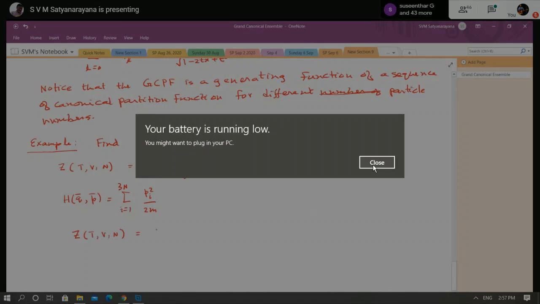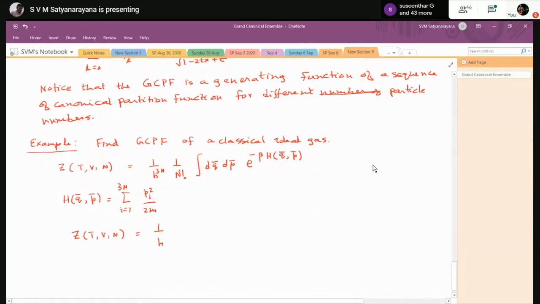Hence you can write Z of V, N as 1 over h to the power 3N into 1 by N factorial, and the positions are just integrated, giving a volume, and then I have the integral from minus infinity to infinity of dp e to the minus beta p squared by 2m, which I have to raise to the power 3.